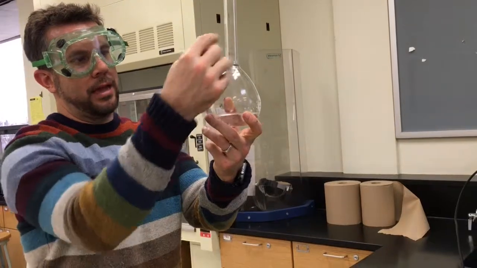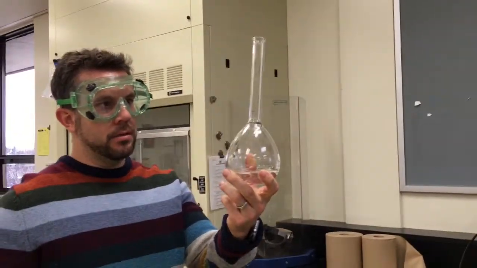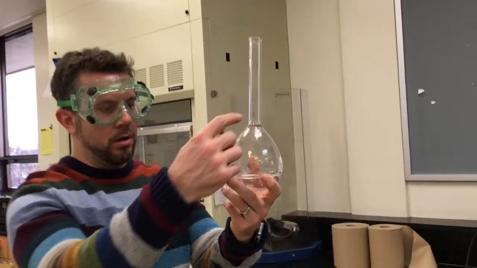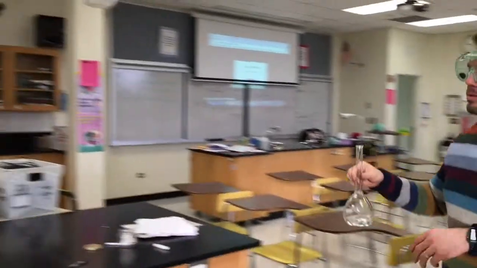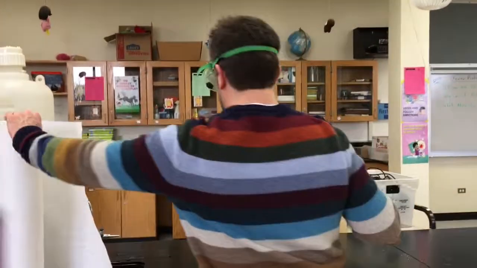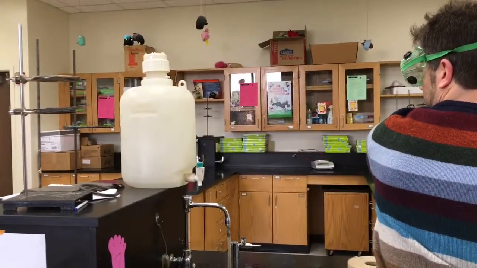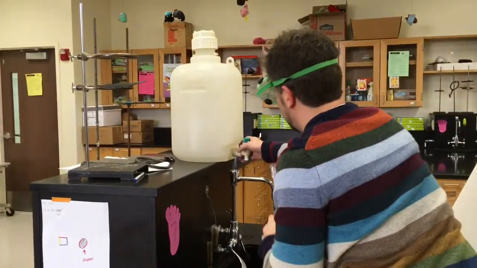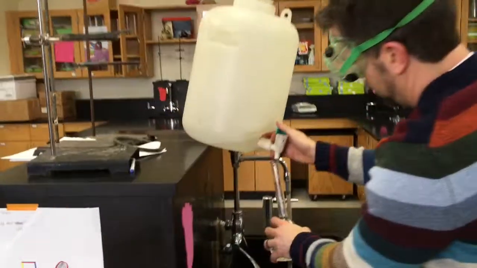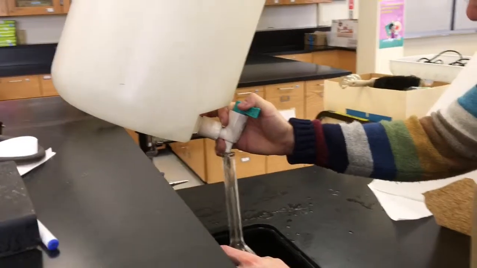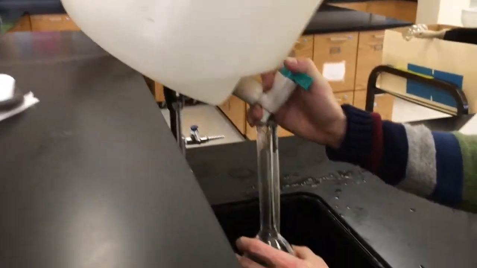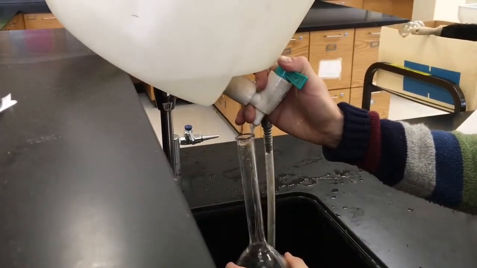This marking is exactly 500 milliliters, and so you're going to fill to that mark with water. And generally, you don't want to use the tap water. You want to use the distilled water. So I know my 8th block was using all of it up, so I'm going to have to fill that up. But I'll see if there's enough to fill this flask here. There might be just enough. Yeah, I feel pretty good about this.